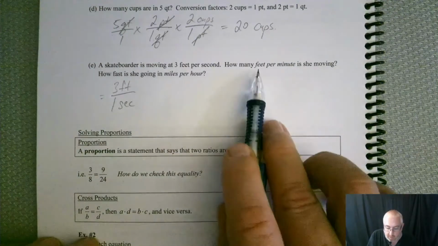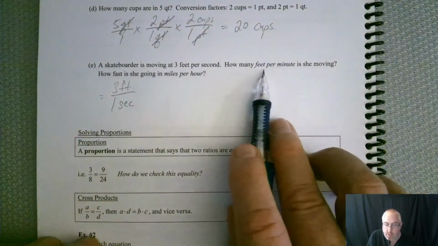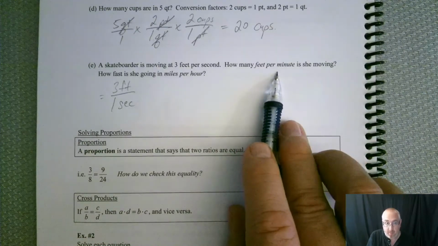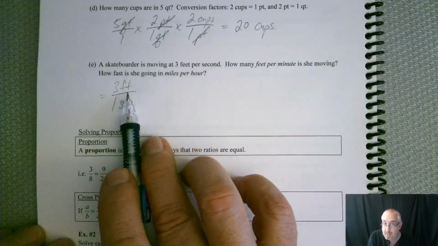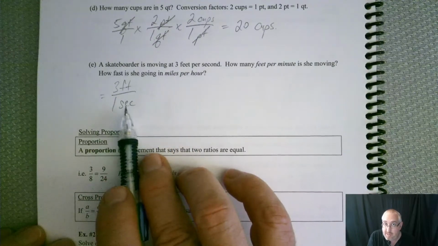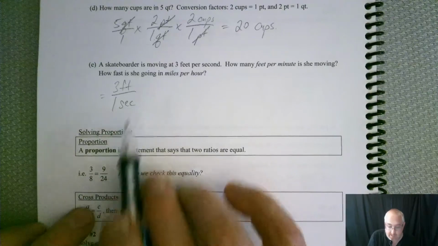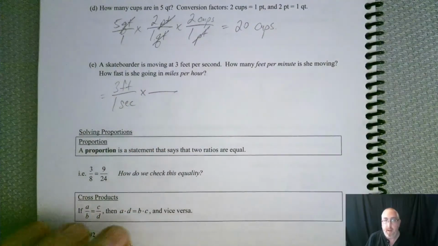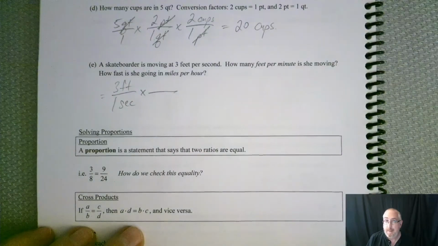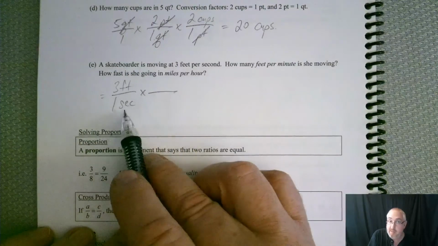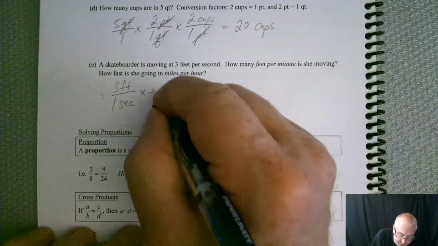But what do they want? They want feet per minute. So they want the feet on the top and the minutes on the bottom. Well, we already have feet on the top, so that's good. But we got seconds on the bottom right now. We got to get rid of the seconds and change it into minutes. So what could we multiply that by to do that? Well, we know there's 60 seconds in a minute.